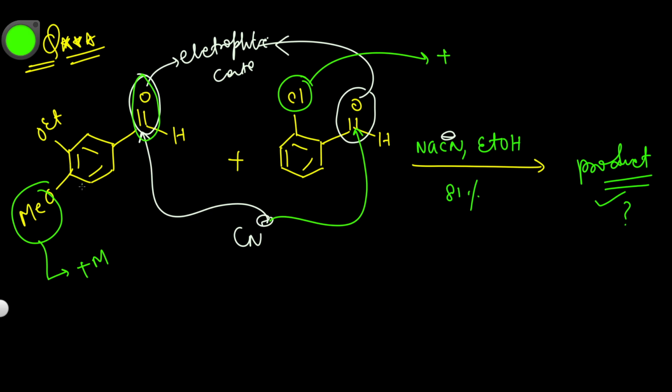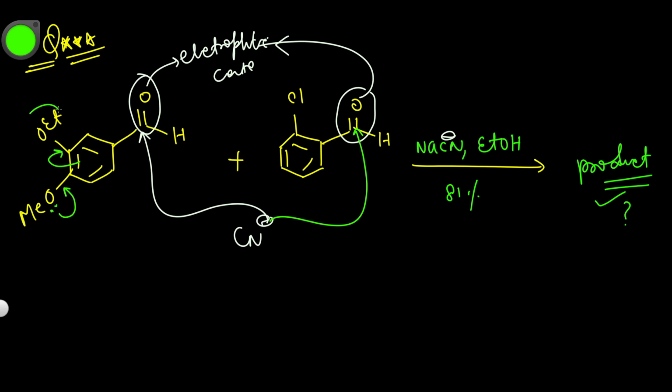But the condition is, when this OMe donates its electron into this ring, it goes on here. This OAc will show a minus I effect, so it will withdraw electron density.